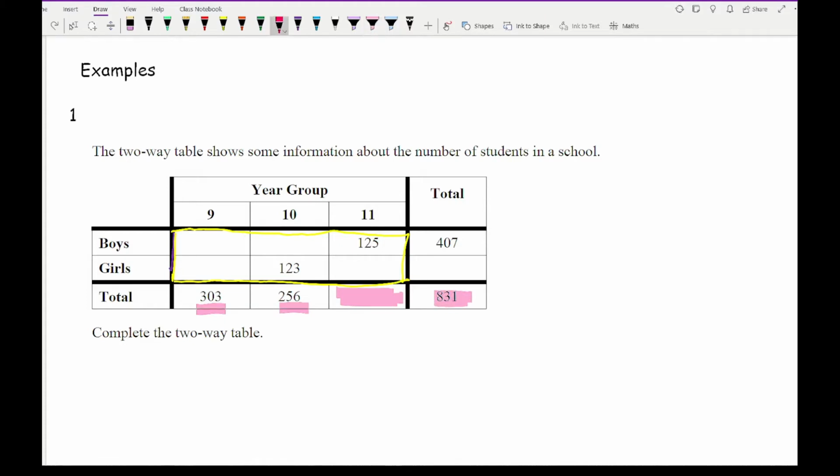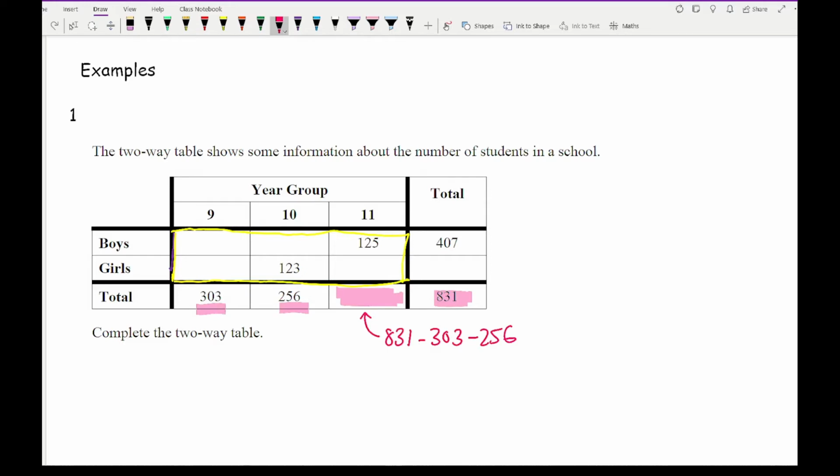So to work out what this missing number is going to be, what I need to do is 831, take away 303, take away 256. And again, I can either do that on my calculator or do it by writing it down, depending on if it's a non-calculator or a calculator paper.